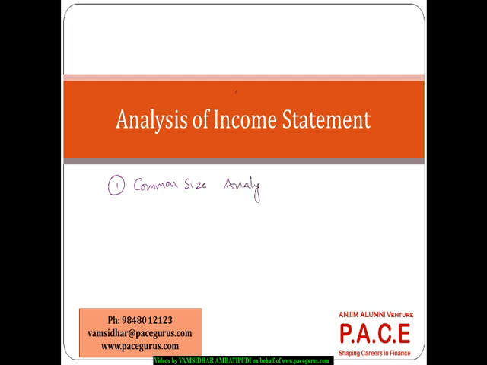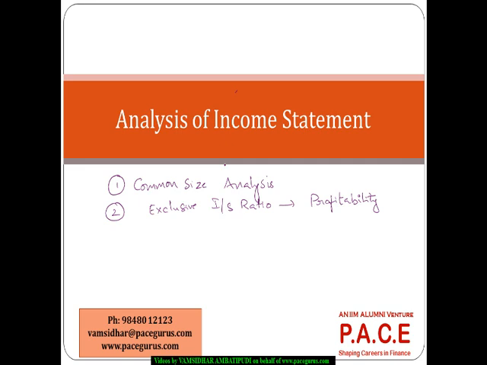When we look at the income statement, one thing we can quickly do is the common size analysis and a few exclusive income statement ratios. Typically I look at them more towards profitability, because the net outcome of the income statement is the net income, which is the profitability. So some profitability assessments can be done just by looking at these ratios.